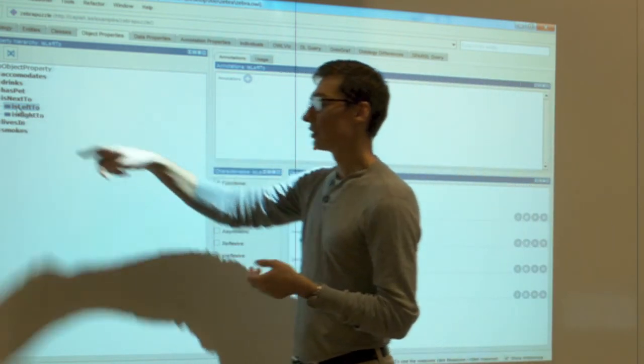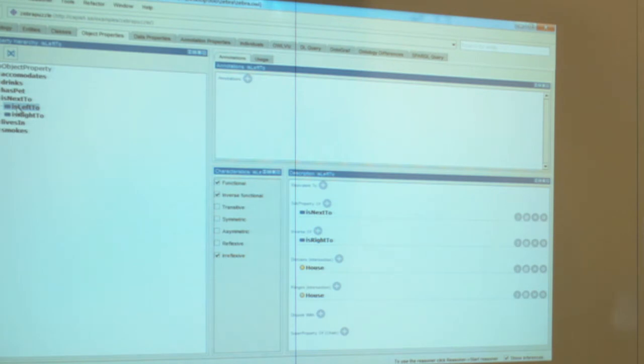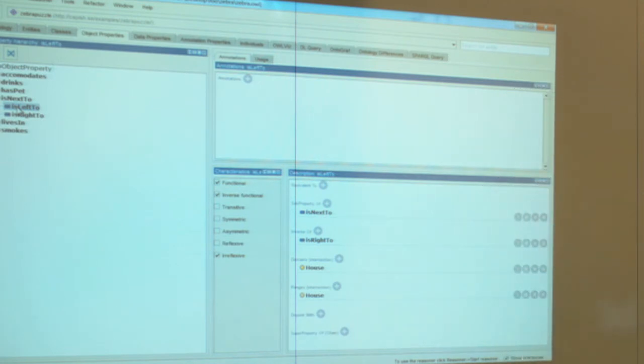If something is right to something, then it's also next to it. So it's like sister, brother, and sibling. So has sister and has brother is a subproperty of has sibling, because if you have a sister, it means you have a sibling, and if you have a brother, it also means you have a sibling.